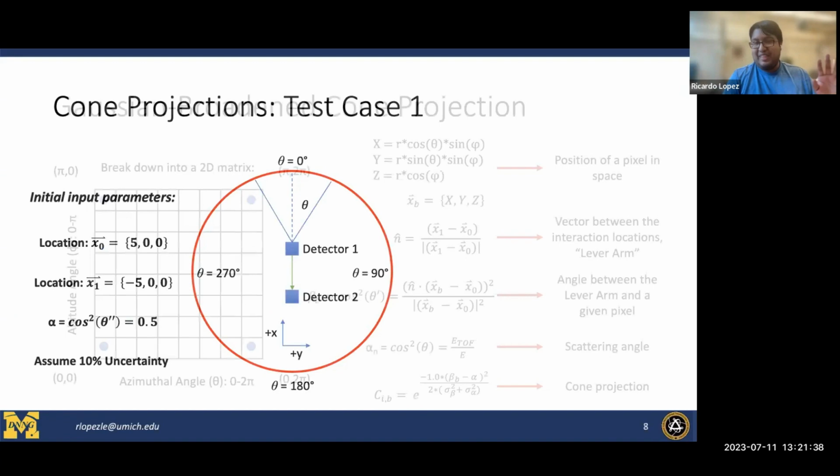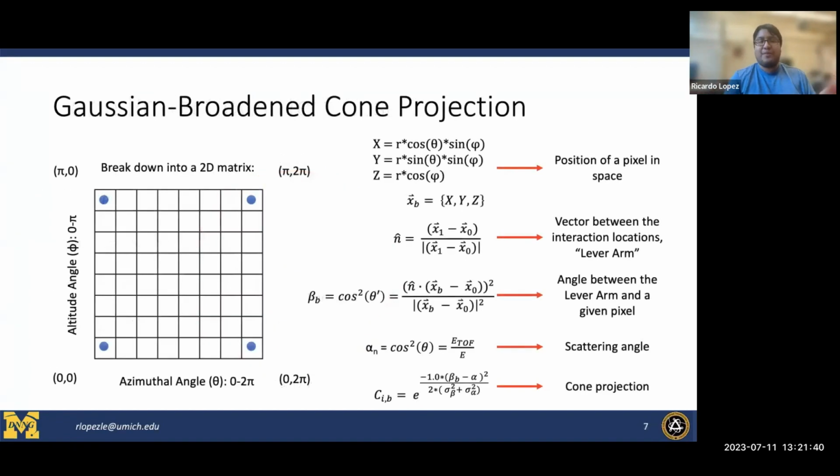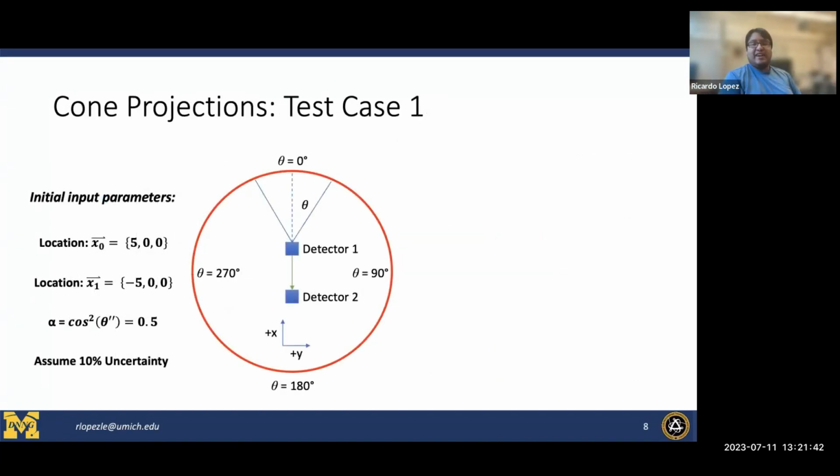And I know that this is very abstract and mathematical, so to help alleviate that confusion, here's a couple of test cases that I set up with very simple scenarios. In this case, say I just have two detectors, and let's say a scatter happens in detector 1, which corresponds to this X, Y, and Z coordinate, and we have a second scatter happen in location 2, which corresponds to this X, Y, and Z coordinate.